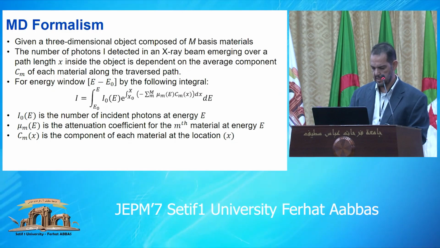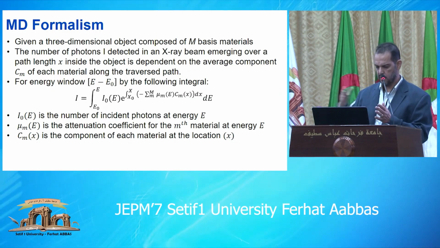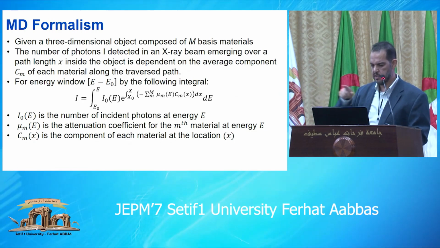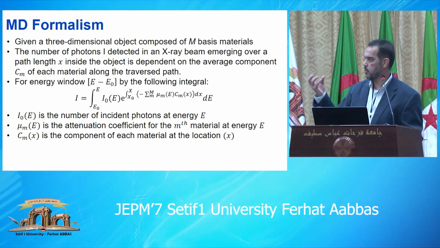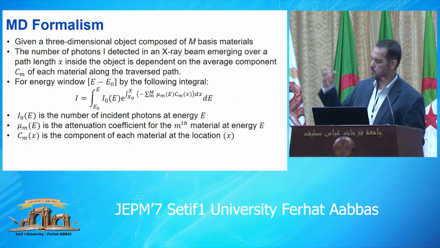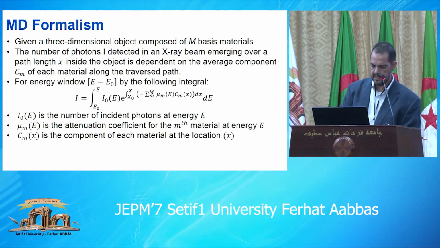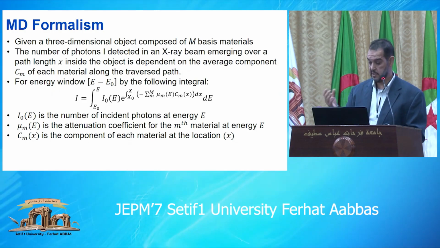So this is the exponential attenuation, exponential of minus mu x, except now you have many materials in each voxel, and many voxels along the path of the X-ray. Now, if we assume that each voxel has different concentrations of the different materials, this is what we call Cm, the component of each material at a certain location, and this is in 3 dimensions, x, y, and z.